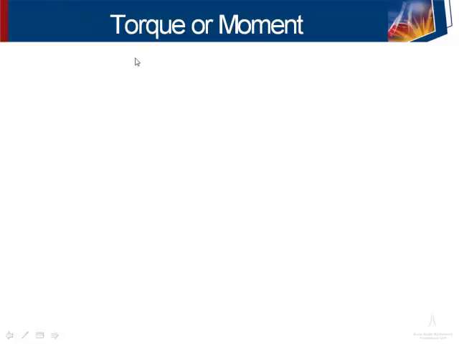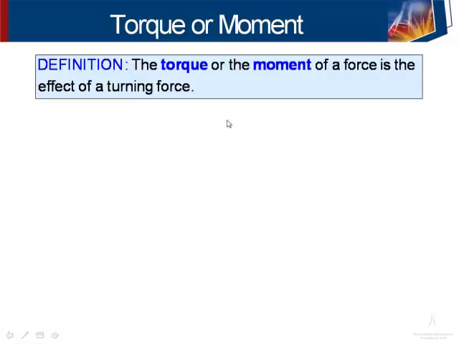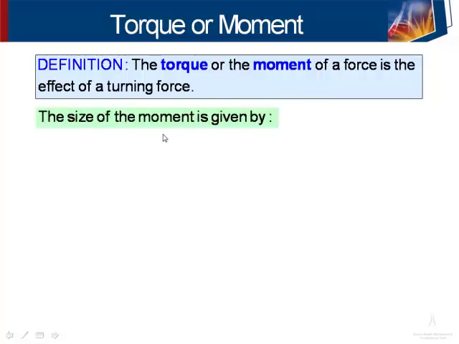Let's look at how we measure the effect of this force, which we call the torque or the moment of the force. The definition for the torque or the moment of a force is the effect of a turning force. The size of the moment is given by the following equation.